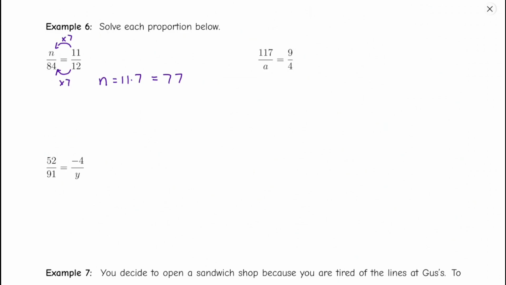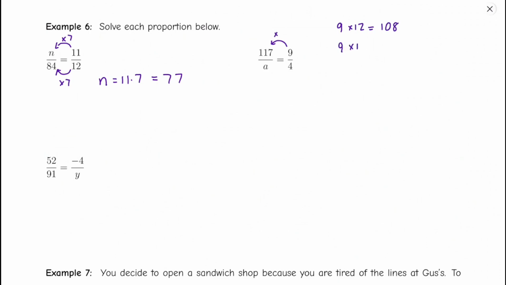For the next one, 117 over A equals 9 over 4, we need to find what number times 9 equals 117. Now I don't know what times 9 equals 117, but I do know what 9 times 12 is. That's 108. Now I'm just going to work up from there.